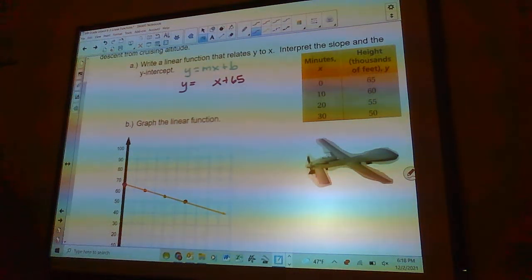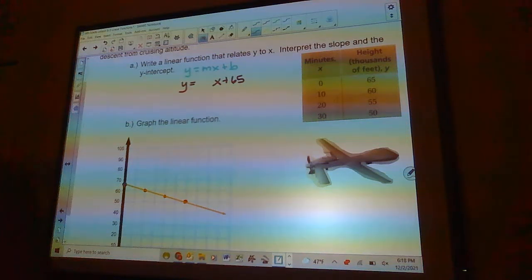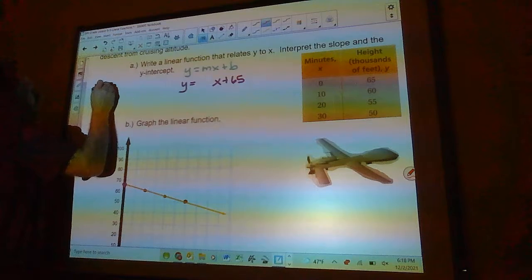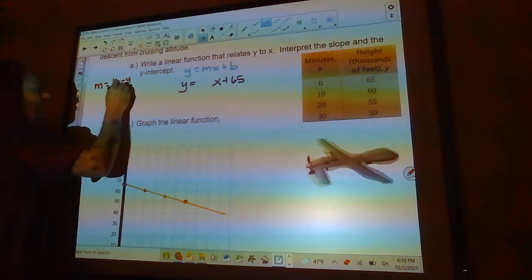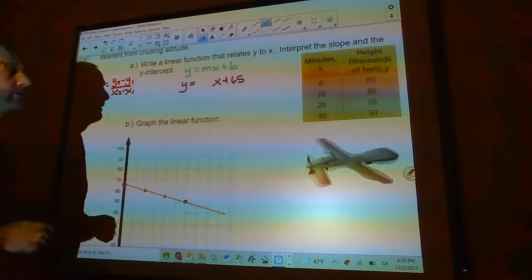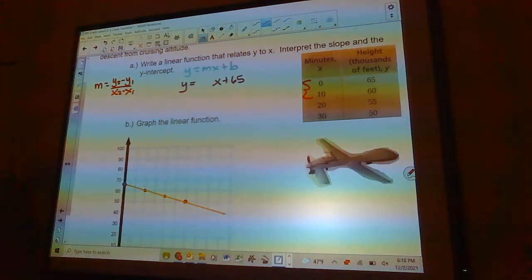So you can see this is linear. I can choose any 2 points that I want. And I can calculate the slope using the slope formula. Remember, m equals y2 minus y1 over x2 minus x1. So I'm going to go ahead and choose these 2 points right here because I think that'll be easy to do.